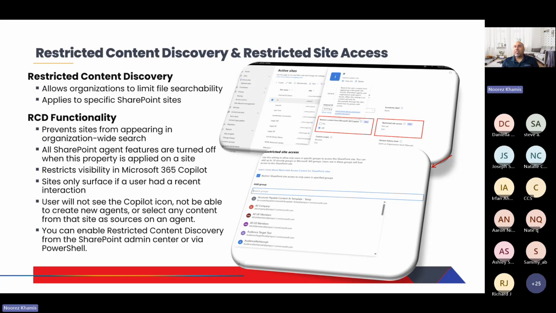Restricted content discovery allows an organization to limit file searchability to specific SharePoint sites, and it prevents these sites from appearing in organization-wide searches and M365 Copilot business chat unless a user has had a recent interaction. Okay? And then restricted site access gives capability there to restrict even further.